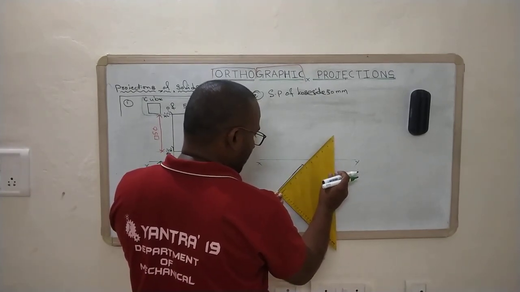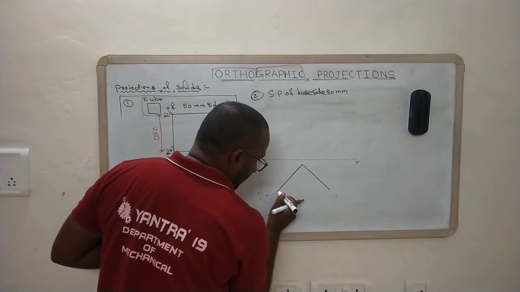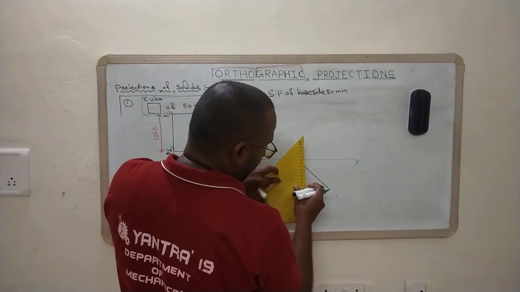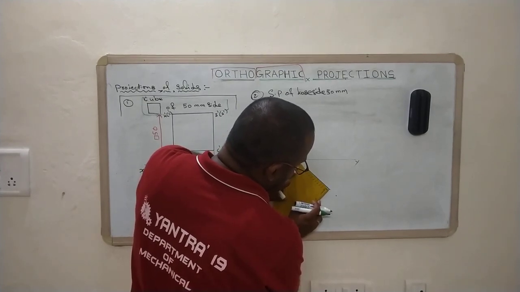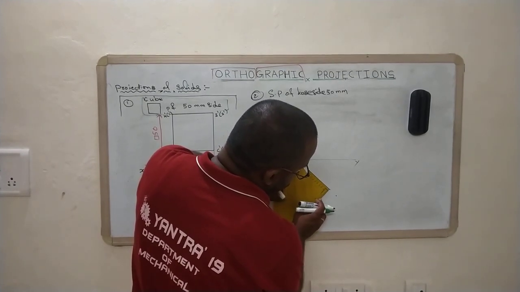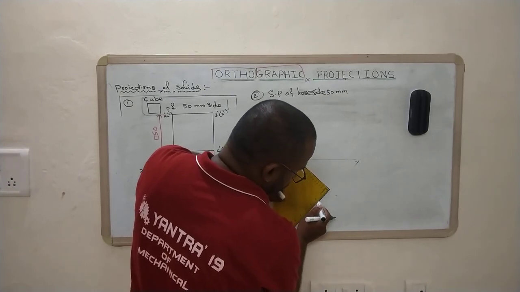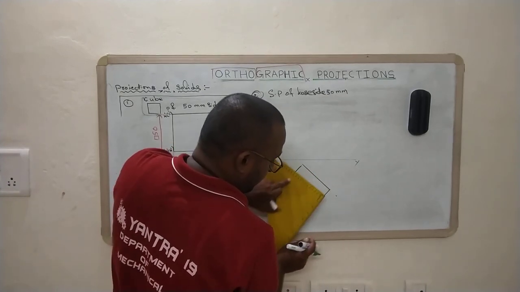It is about 50 mm. Perpendicular line to that, about 50 mm.